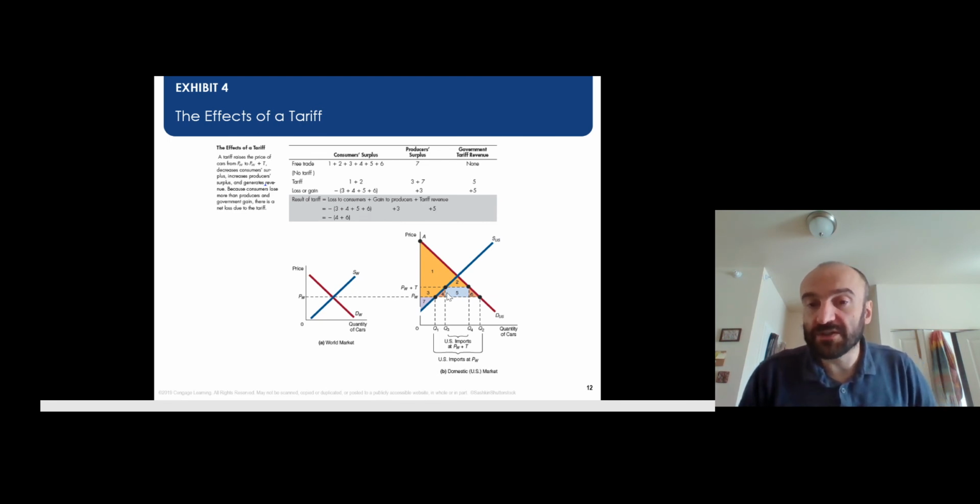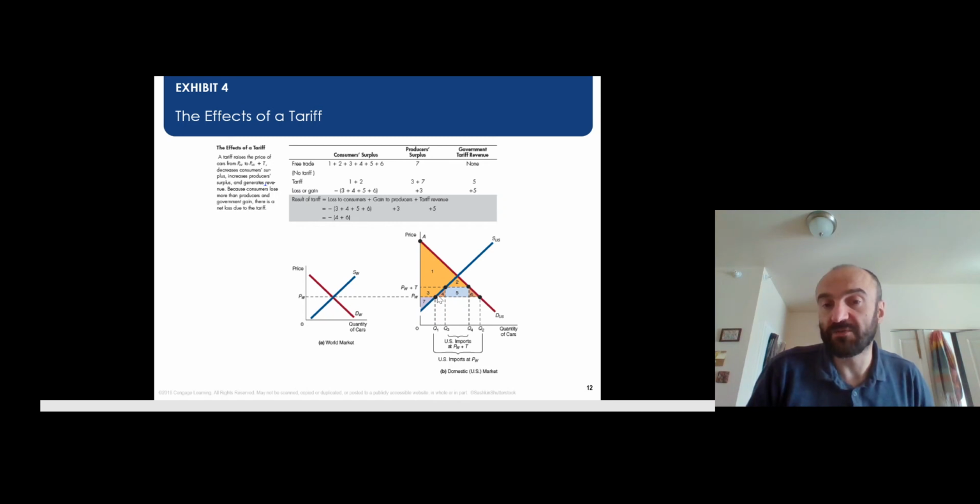Okay, so now you see this rectangle 5. The quantity of imports will fall from quantity 2 minus quantity 1 before to quantity 4 minus quantity 3. This middle part, that's the quantity of imports. So imports will shrink as you increase tariffs, as expected.